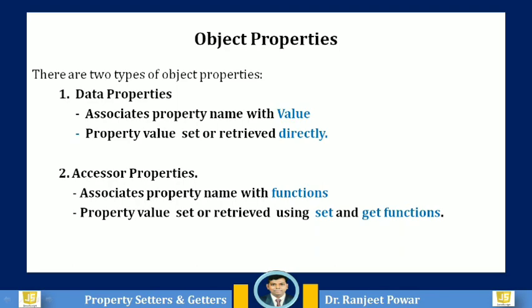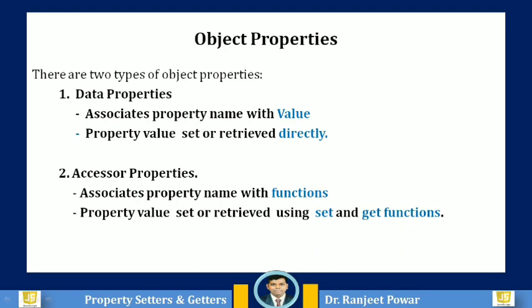A named data property associates a name with a value, which means you use a property to get and retrieve data directly. For example, the following object obj has a data property whose name is string prop and whose value is number 123.